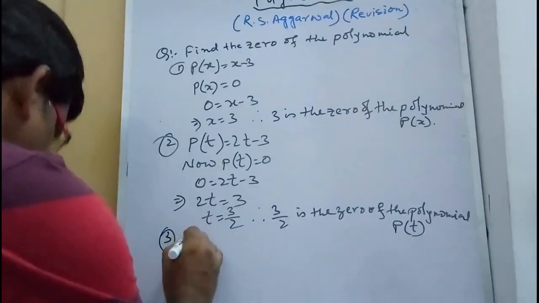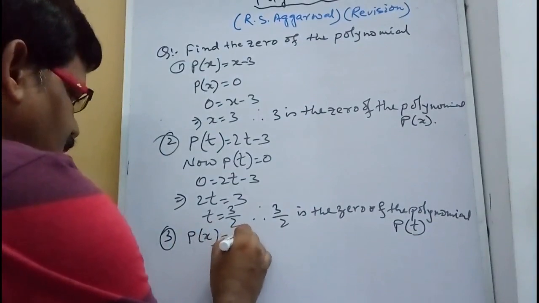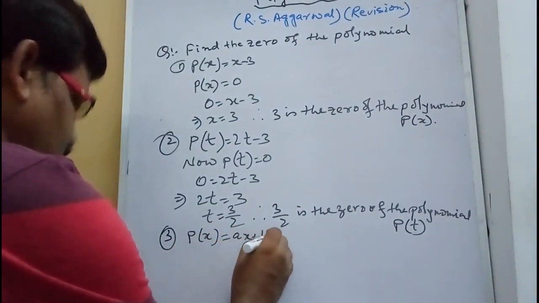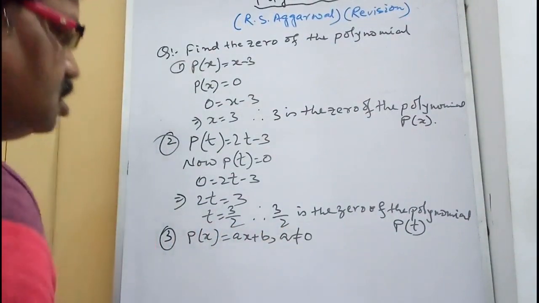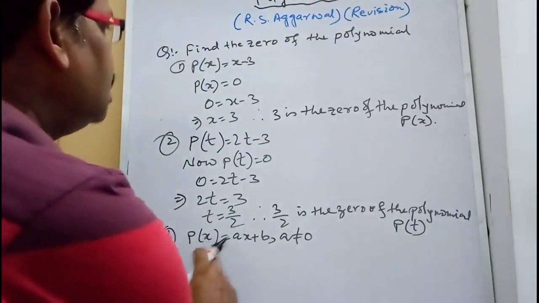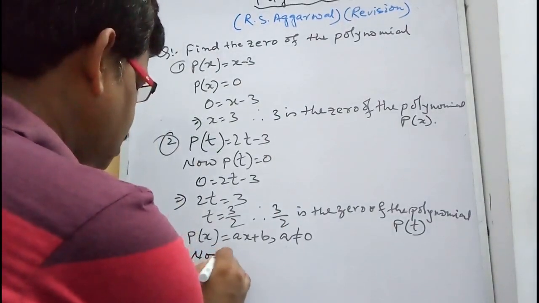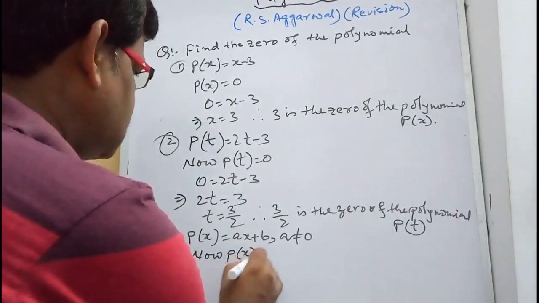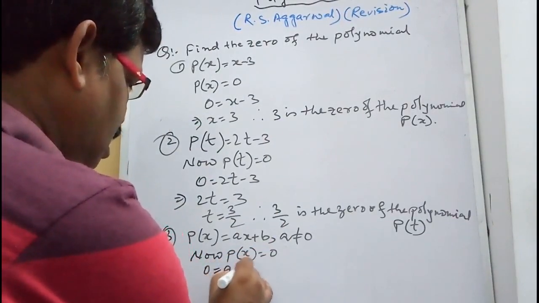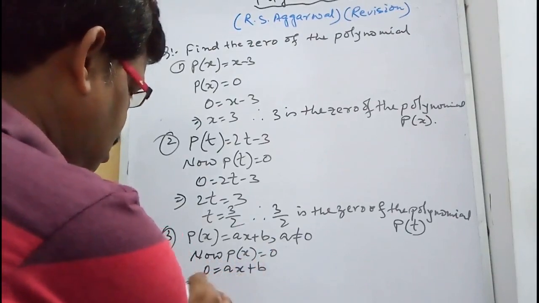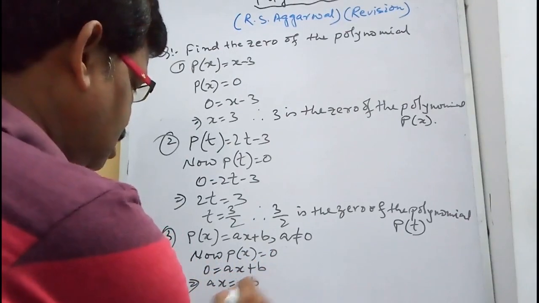Three, px equal to ax plus b, where a is not equal to 0. Now to find the 0 of the polynomial, px equal to 0. So 0 equal to ax plus b. So ax equal to minus b.